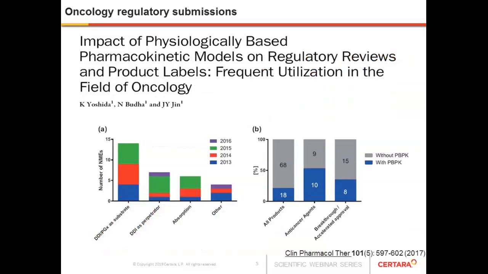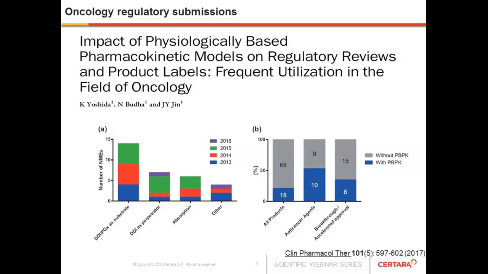And moving on from that, what you can see here is a publication by a group at Genentech, and they reviewed some regulatory submissions. The take-home message from this was that overall anti-cancer agents were the main applications which used PBPK in those submissions.